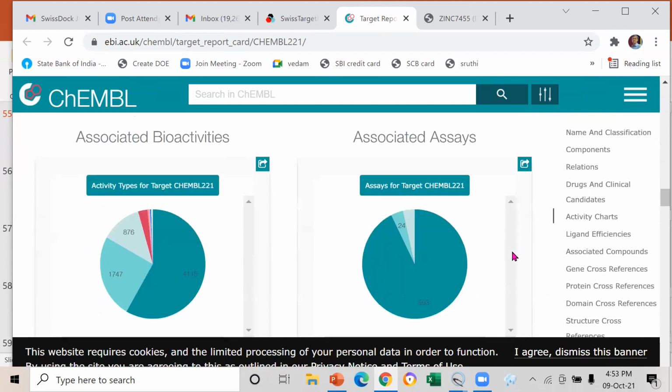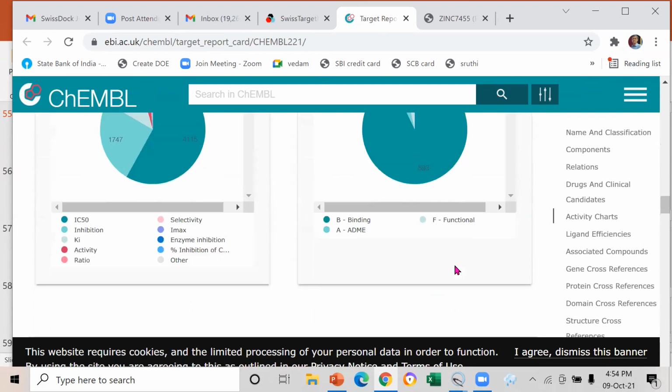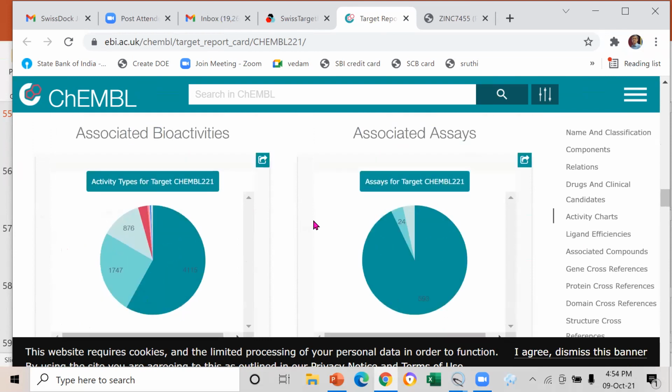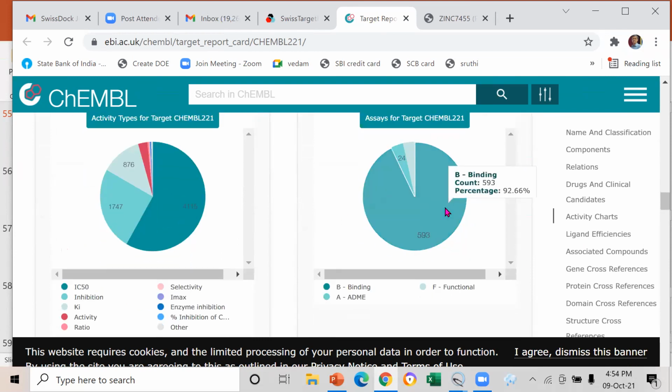It will give you associated bioactivities, IC50 values. IC50 is the concentration at 50% inhibition. It also gives you assays, how to do experiments.